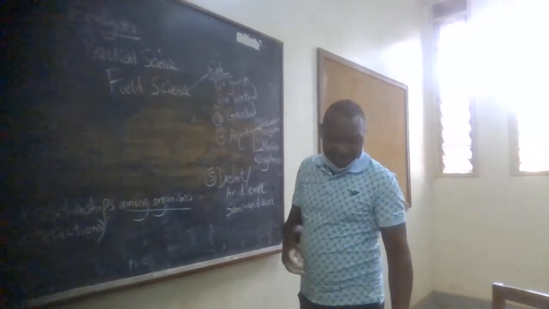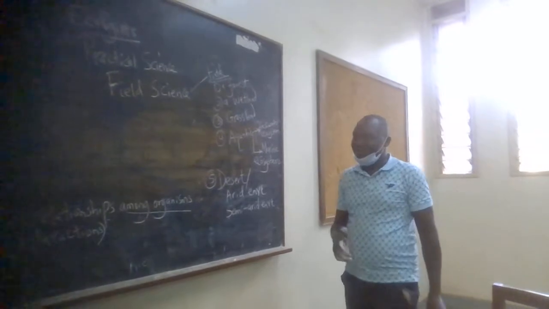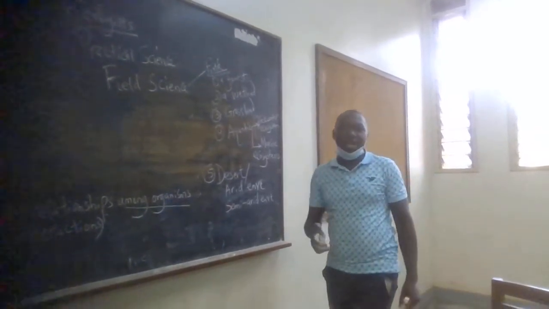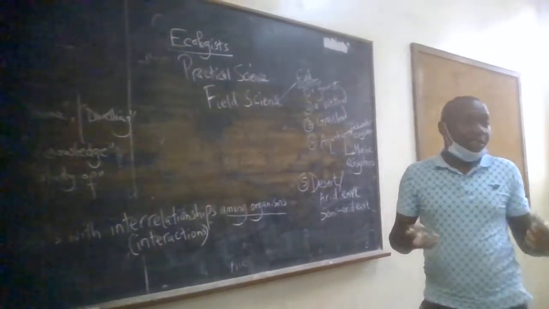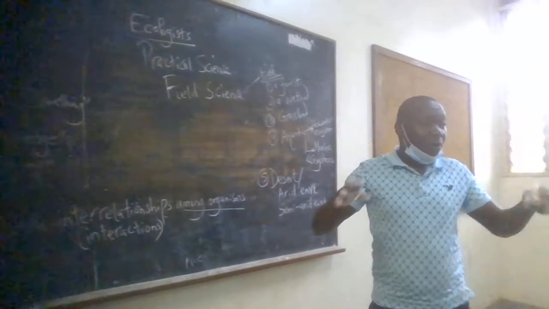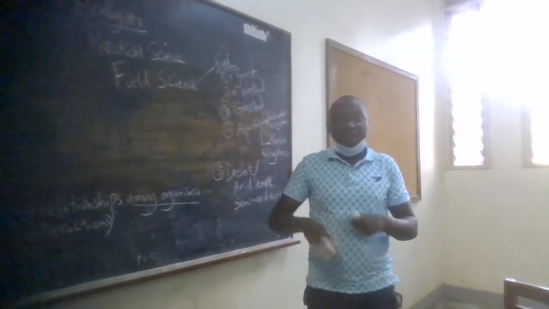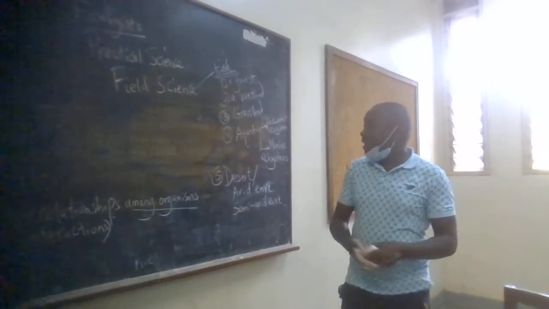But I can't say that you should go to a zoo. It may not be good enough for you to watch or to study the natural behavior patterns of an animal or a plant.